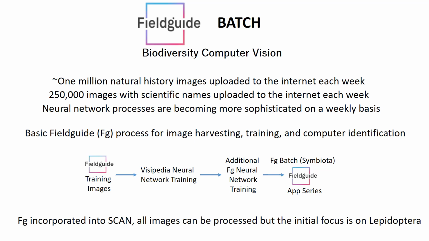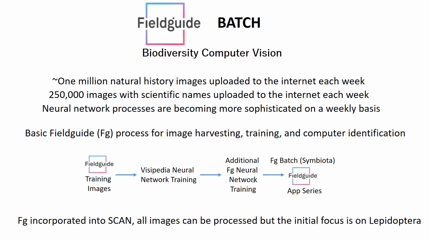So this shows the basic FeildGuide process for image harvesting, training, and computer identification. First, they harvest images off of the internet, and they use them for training purposes. They run them through typically initially a Visipedia neural network workflow.